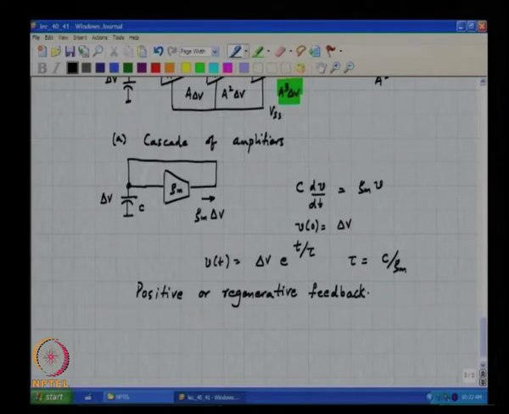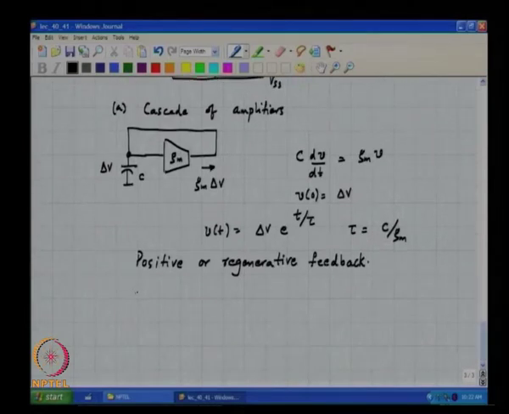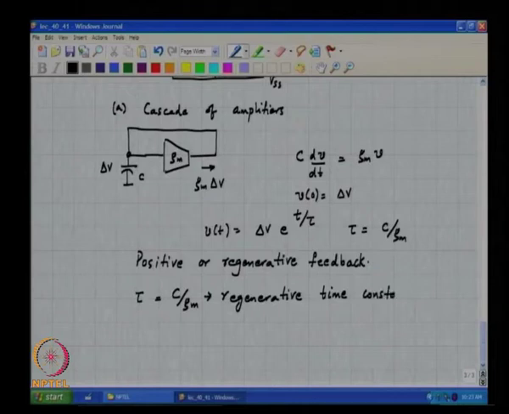All right, and tau is called the regenerative time constant. Does it make sense?